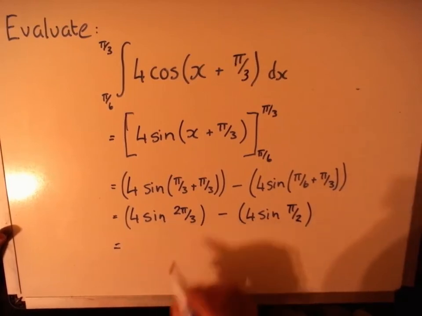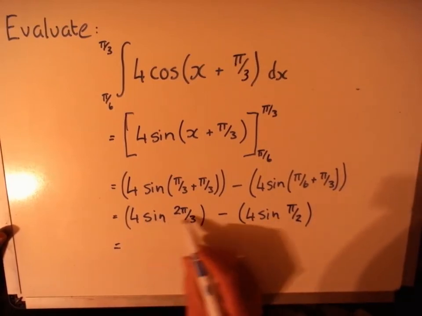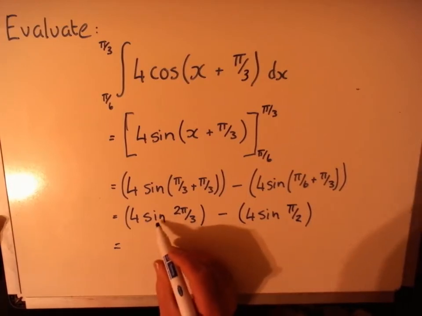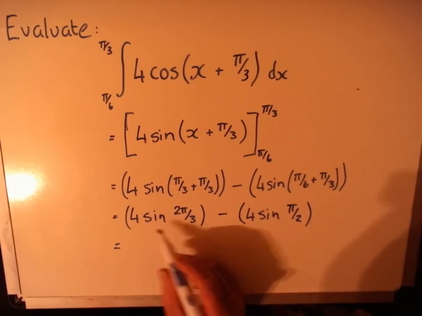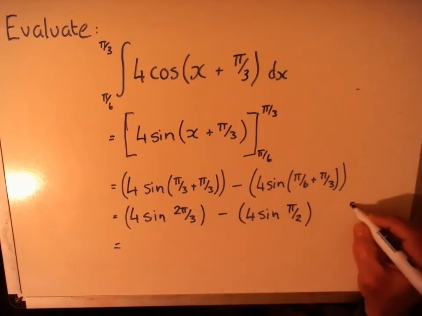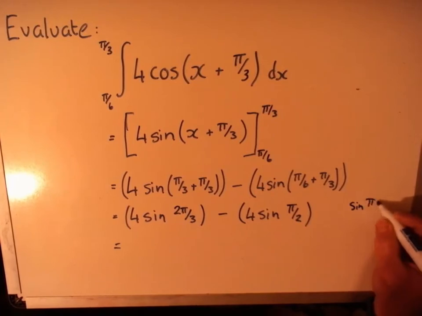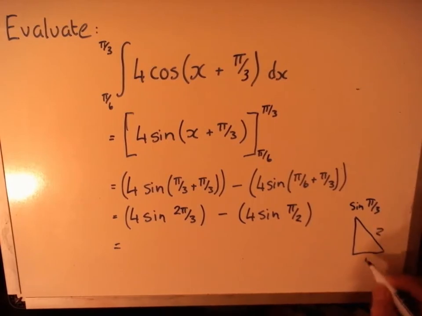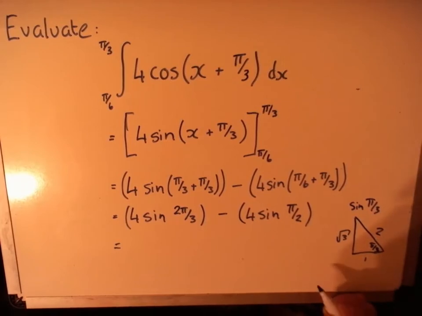So now we're into our exact values. If I deal with this one first, 2π/3 is in the second quadrant, and sine in the second quadrant is still positive, so sin(2π/3) is exactly the same as the sine of π/3 in the first quadrant. So I could use my exact value triangles. I've got 2, 1, root 3, and π/3 is down here.